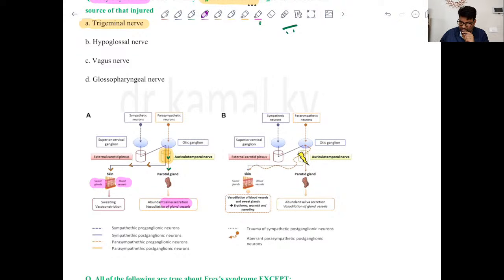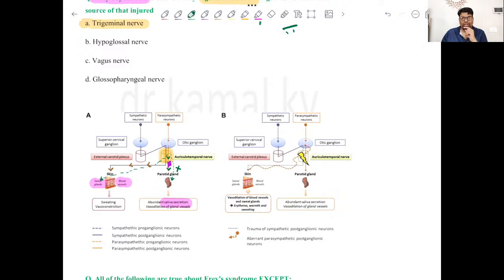So once this part is injured somewhere here, in the regeneration process, rather than going to the parotid gland, it is going towards the sweat gland, right? So this is actually going towards the sweat gland. So therefore we call it faulty regeneration.